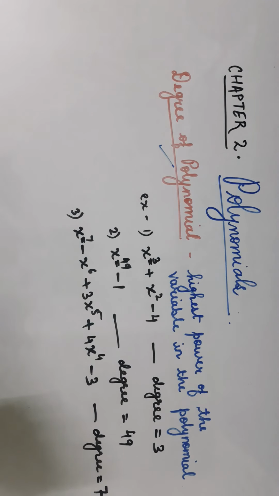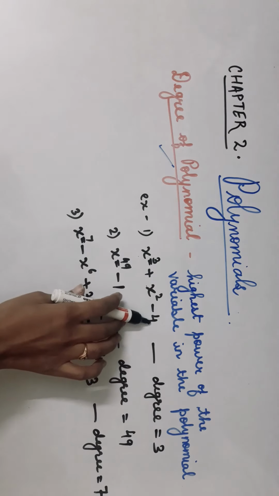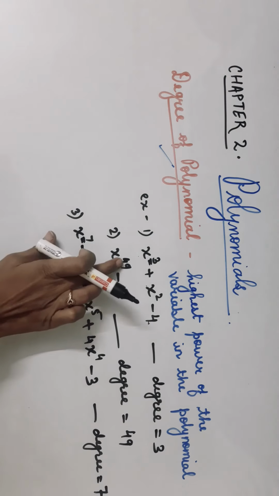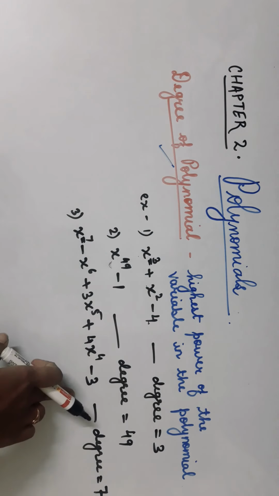Then we have seen types of polynomial: binomial, monomial, trinomial, depending upon the terms present in that polynomial. Now this one, 1, 2, 3 terms are there, so trinomial. Here 2 terms are there, so binomial. Here many terms are there, so we will call it polynomial. Clear?